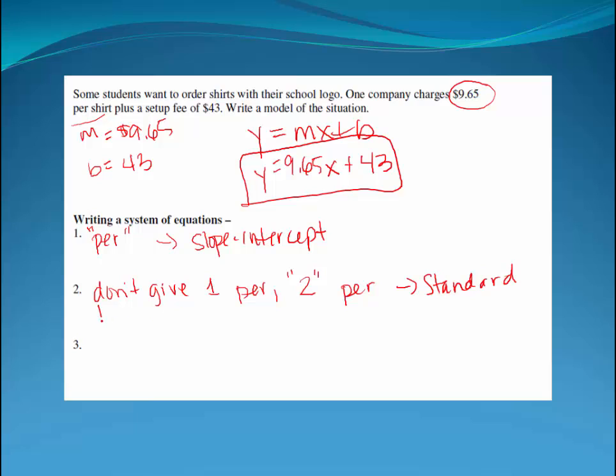Another clue for standard form is if they give you a total amount, that means standard form. And then once in a while, not very often, they do some kind of a comparison. And I really can't give you a general equation to follow there because it just depends on the problem.